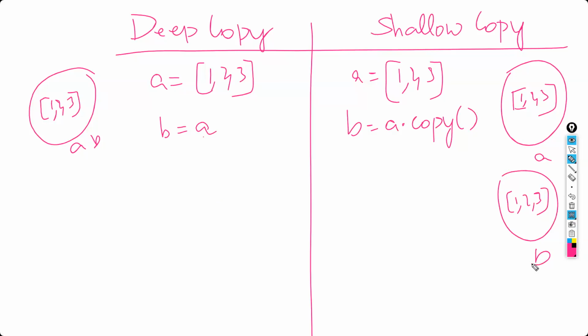Okay, completed? Clear? Up to here everyone is clear? B is equal to A means both are indicating the same object. B is equal to A dot copy means values are copied but as a new object. It is some kind of Xerox copy. You have a paper, you have given it to the Xerox shop, and the Xerox person has taken the Xerox. Same thing that is in your original paper will be there, but on a different paper.